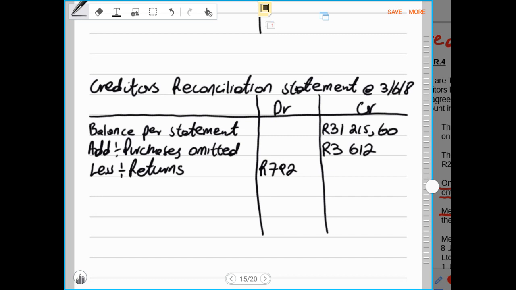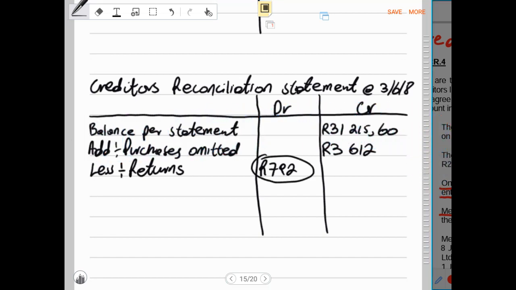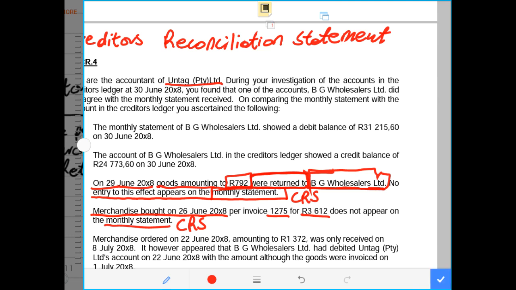So now let me again do a point of reference, starting with this 792. I want to use that 792 and the theory that we used before.